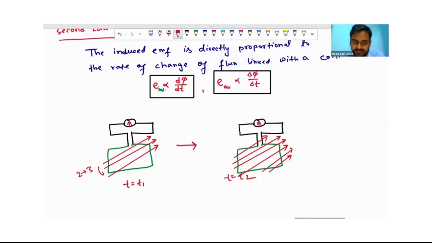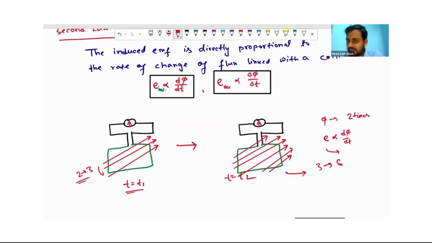Okay, so how does the magnetic field change here? At time t1 the change was 2 to 3, and here the change is 3 to 6. So the flux is changed how many times? It is 2 times. The flux changes 2 times. So the EMF will also, as we know, be proportional to d phi dt.